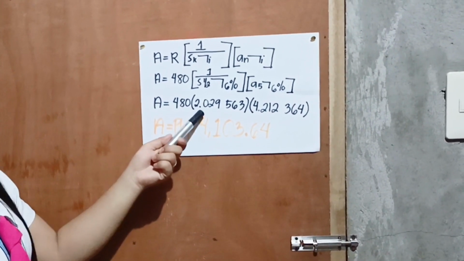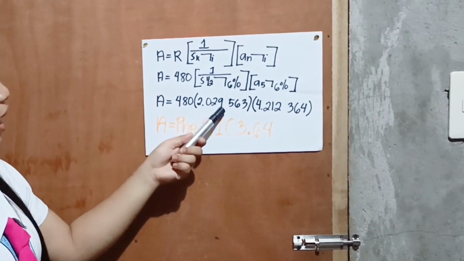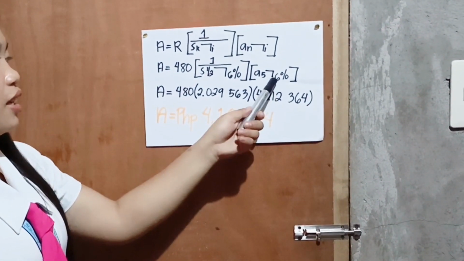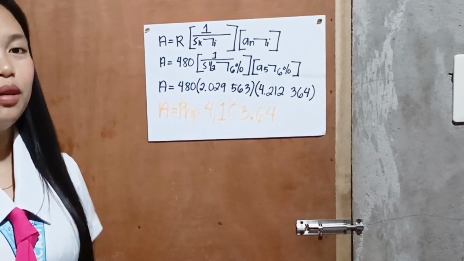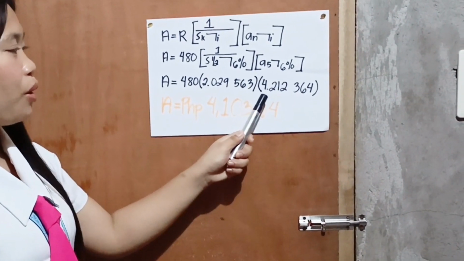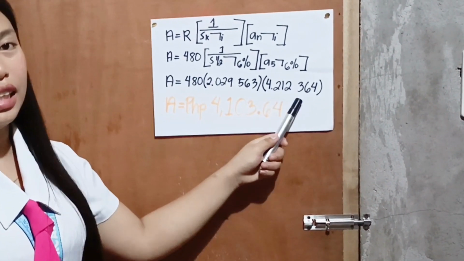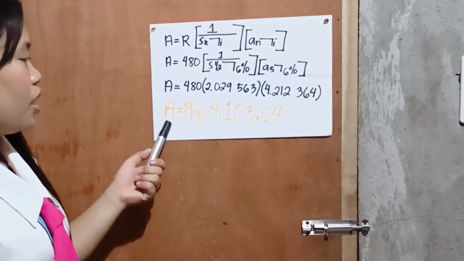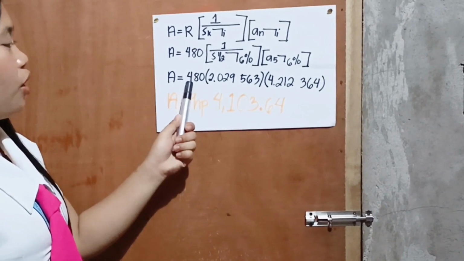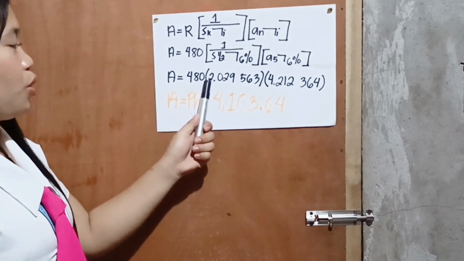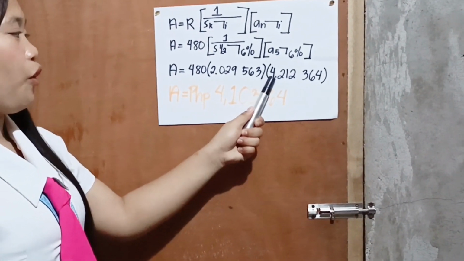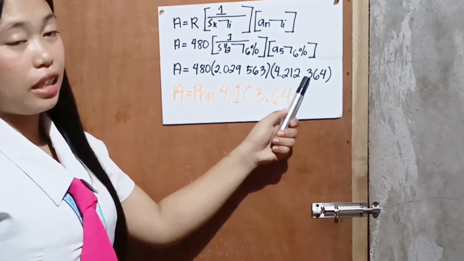It is 2.029563, and in this one in table 5, the value of a angle 5 at 6% is 4.212364. Then let us multiply 480 times 2.029563 times 4.212364.